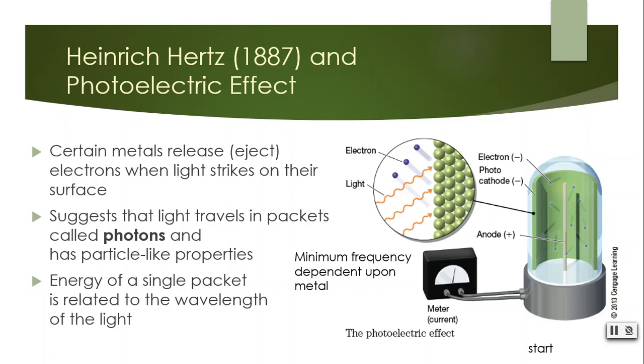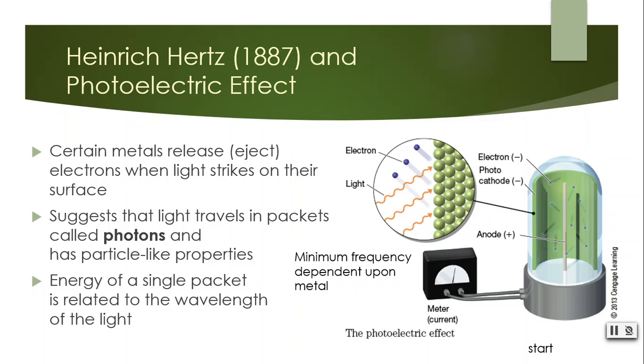it was determined that the electron has not only particle-like tendencies, but also that the light that travels has a particular energy, called photons, and the energy is related to the wavelength of that light.